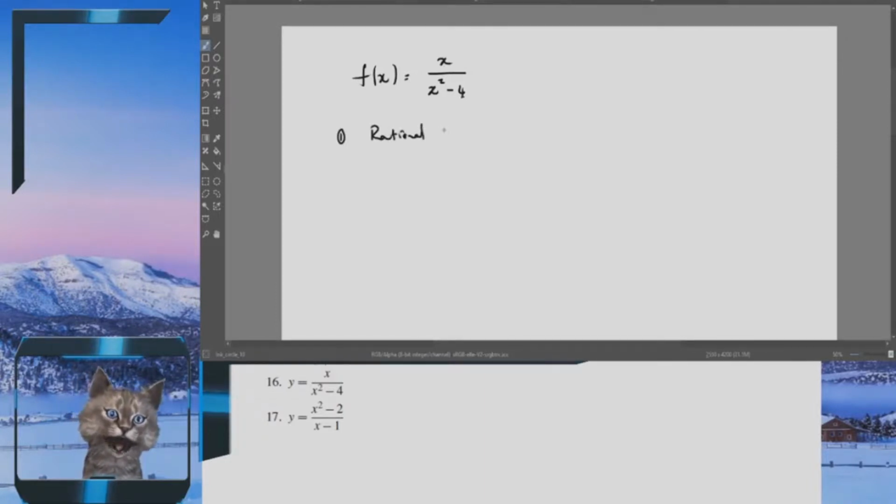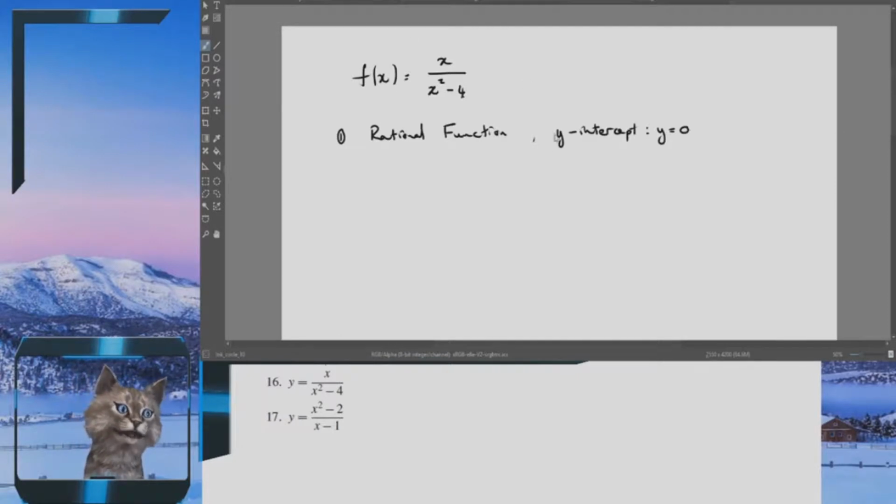polynomial over polynomial, and with that I probably expect to have some asymptotes, some x values where the function might not be defined. So step 2 will have a little bit more to it. I can, however, still find the x-intercept as when x is equal to 0, y is equal to 0 as well.